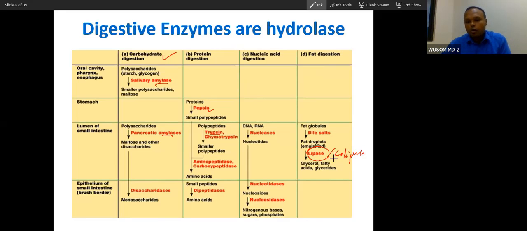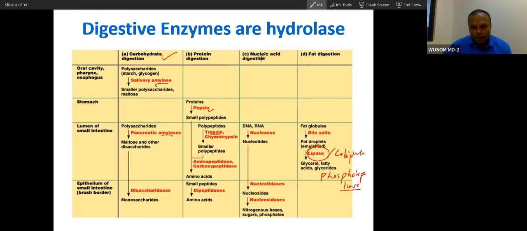So co-lipase will be helping lipase, and there are phospholipases. Lipase acting on phospholipid is called phospholipase. So there are three types of enzymes, all with the name ending in lipase. Lipase is the enzyme to digest fat, and amylase is for digestion of carbohydrate.